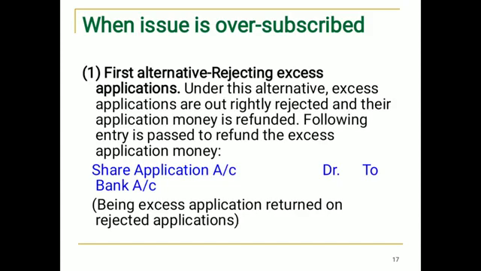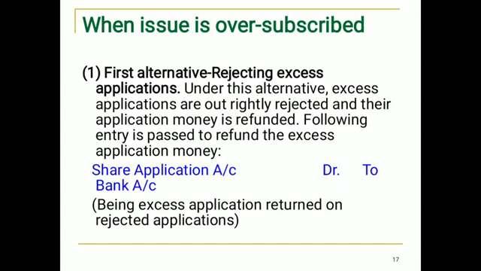Alright, so let us read this in detail. Under this alternative, excess applications are outrightly rejected and their application money is refunded. That means the extra people who have applied for the shares, the company will reject their applications.